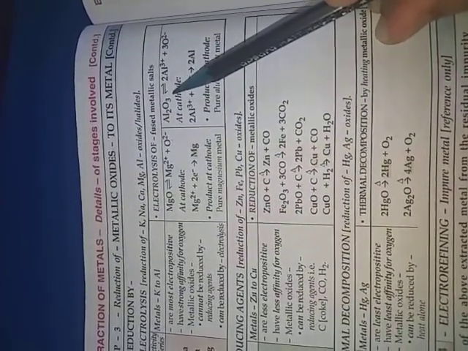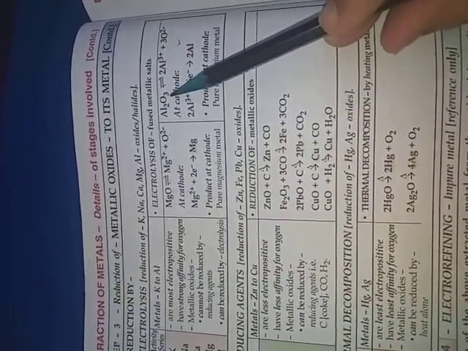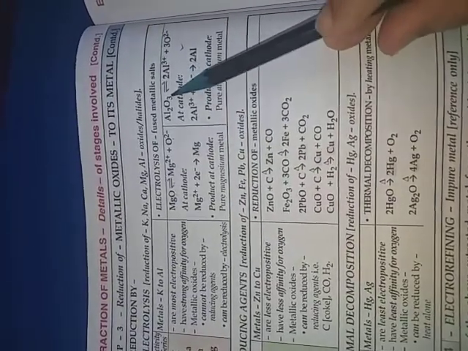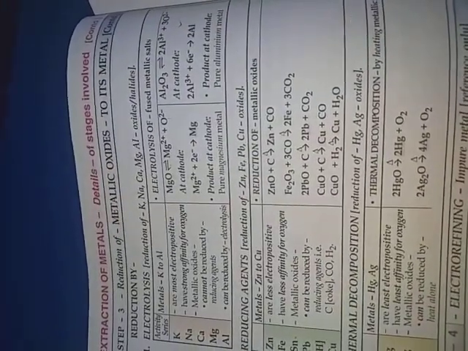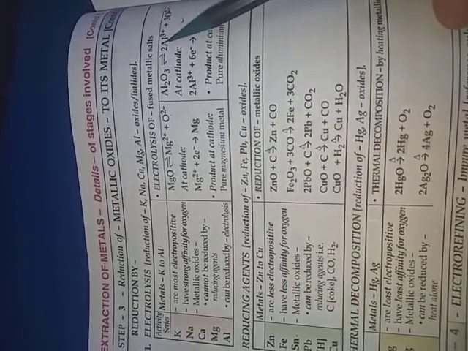Now similarly, see aluminium oxide, which is called alumina. This process we will study in detail in this chapter. When molten alumina is taken, the aluminium ions move towards the cathode, the negative electrode.